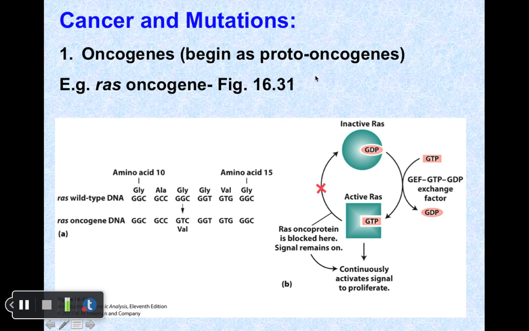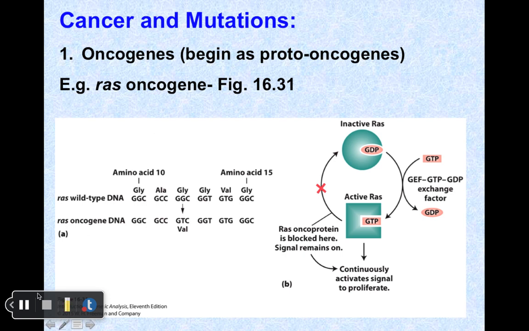So we say they begin as proto-oncogenes. Proto-oncogenes are simply genes involved in cell division, but the problem is when those genes become mutated in ways that lead to cancer, we say they become oncogenes. So again, we're talking about mutations that lead to uncontrolled cell division.